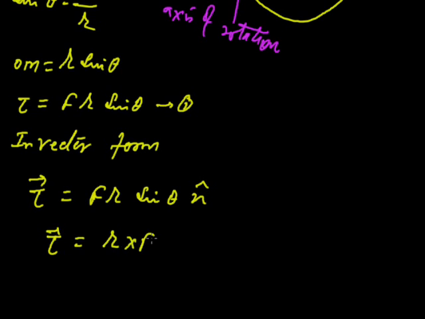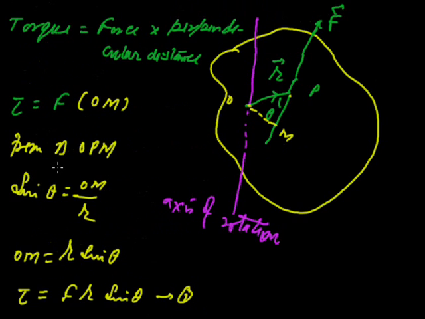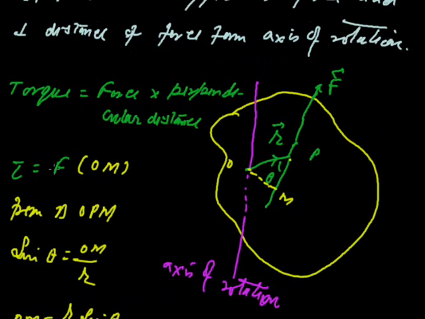Or we can write tau will be r cross F. The direction of tau is given by the right hand rule. How? If we want to find the direction of tau, then spread the fingers and thumb of our right hand in such a way that the fingers show the direction of the first vector, that's r, and rotate the fingers in such a way that they show the direction of rotation.